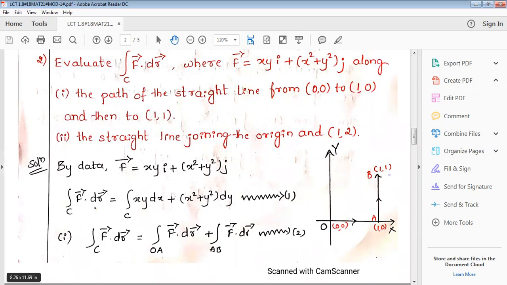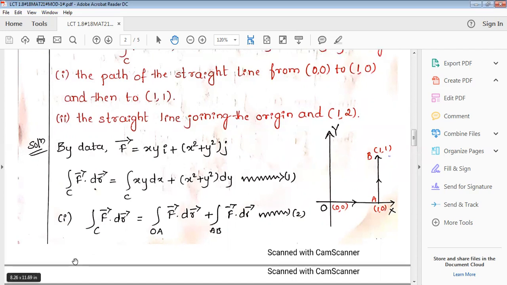So here, first one, F is given as xy i plus (x² plus y²) j. Then the integration over C of F dot dr is equal to the integration over C of xy dx plus (x² plus y²) dy. Call this equation 1.